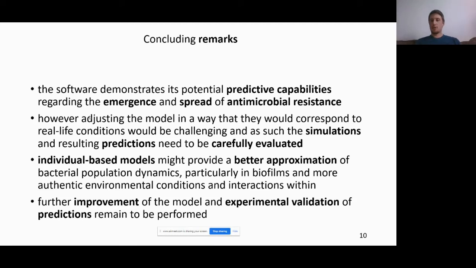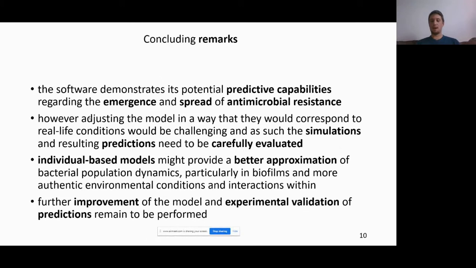The software and the model are, though, not without their drawbacks. Adjusting the model's parameters in a way that they would correspond to real-life conditions might be a bit tricky, and as such the simulations and the results need to be carefully evaluated. Furthermore, I would also like to say that individual-based models might provide a better approximation of population dynamics, particularly in biofilm.